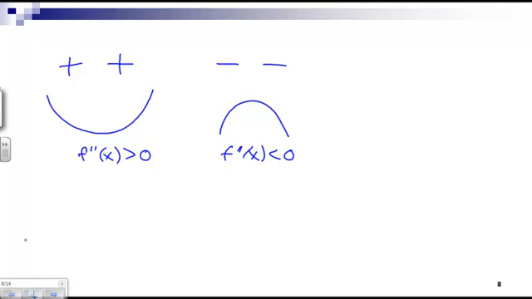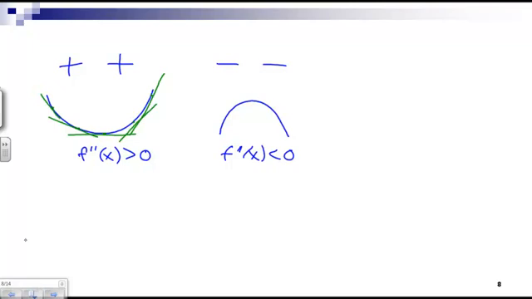Every tangent line on a curve which is concave up resides below the curve. They give you the same information: all the tangent lines are below the curve. It's saying concave up in different language.